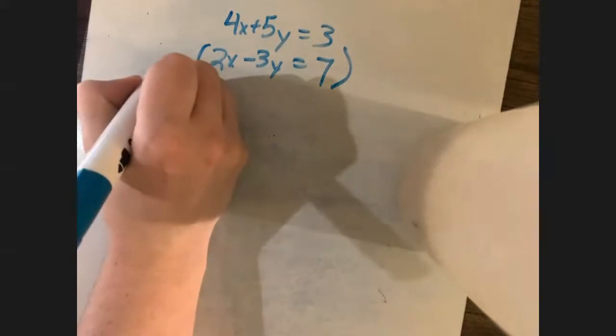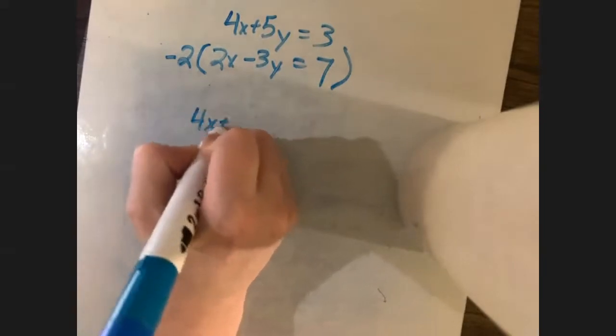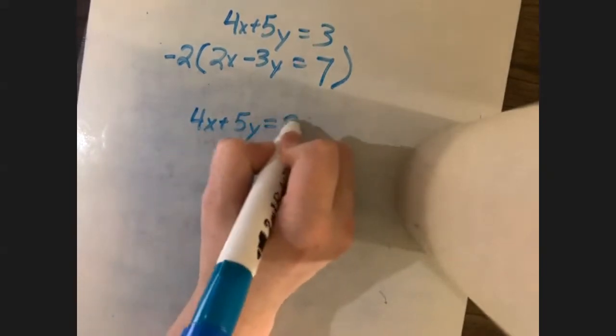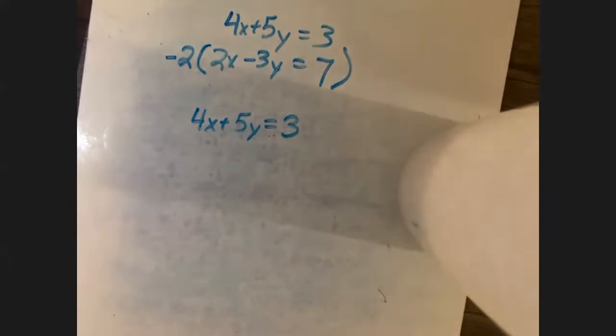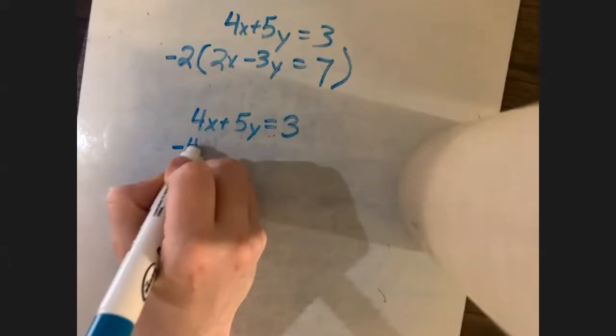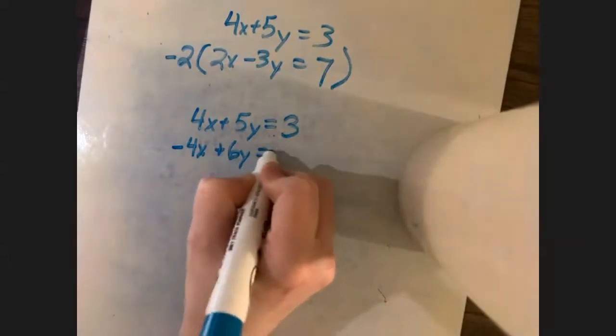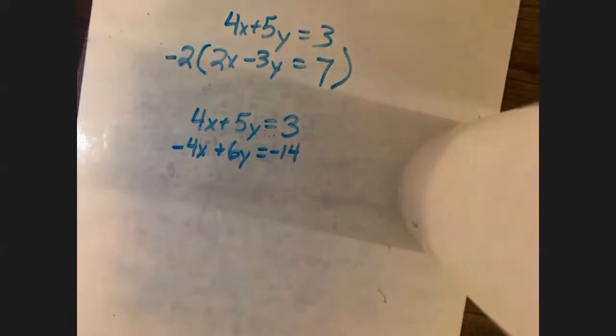So I'm gonna multiply by negative 2 to make that happen. So again, first line, I didn't do anything with. Distributing along that second line, I'm going to have negative 4x plus 6y equals negative 14.